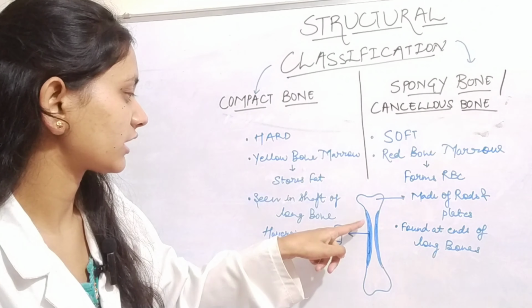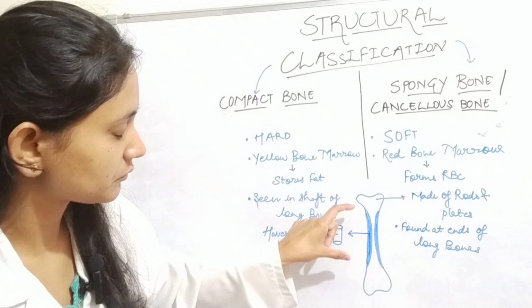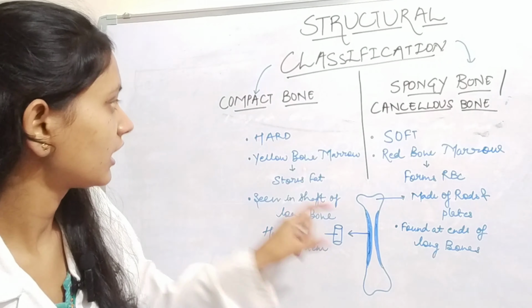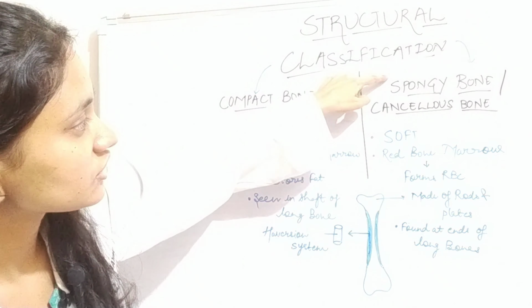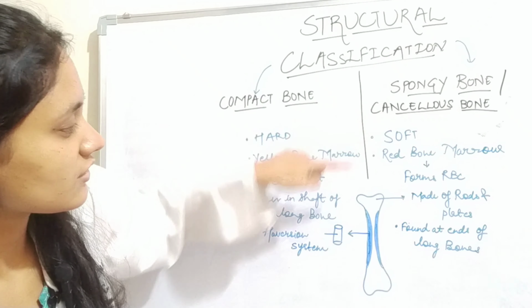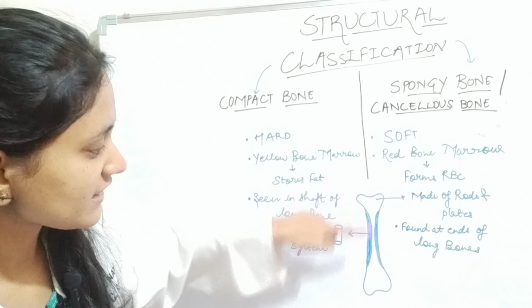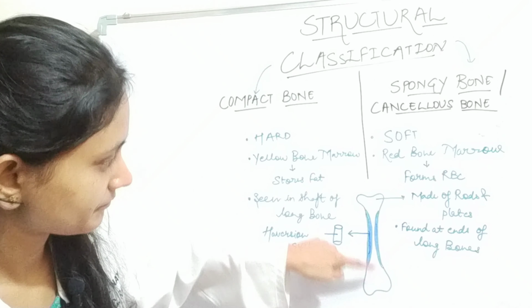But what is important here is that the shaft part is made up of a hard structure, and therefore it is known as compact bone, which is hard, whereas spongy cancellous bone is a soft structure present at the ends of long bones.